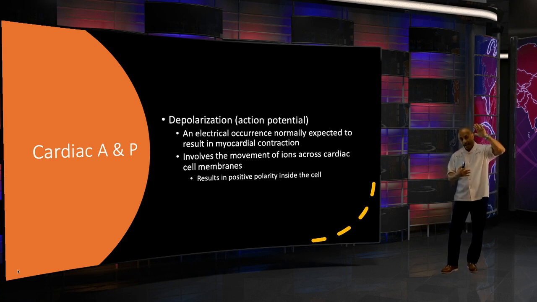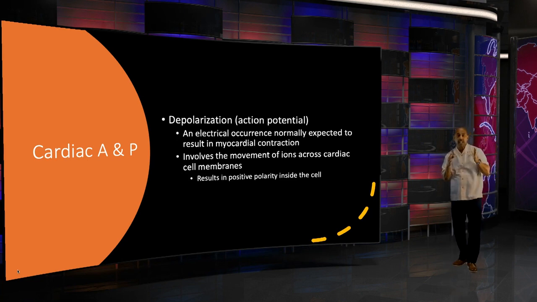That area is where phase 0 starts to take place, where those voltage-gated sodium channels start to open up and we have the influx of sodium. That influx triggers all the rest of the channels to start opening up, and sodium keeps rushing in.